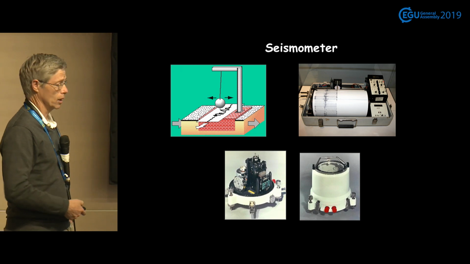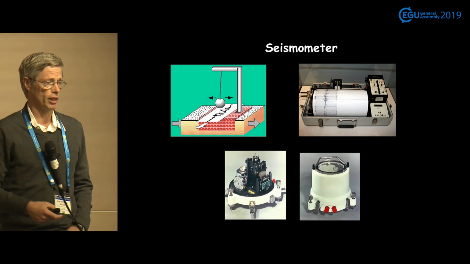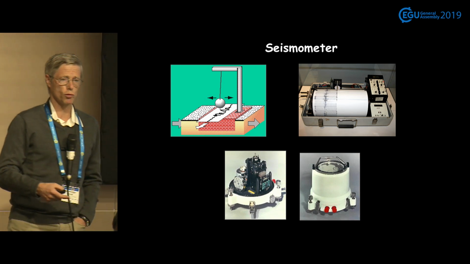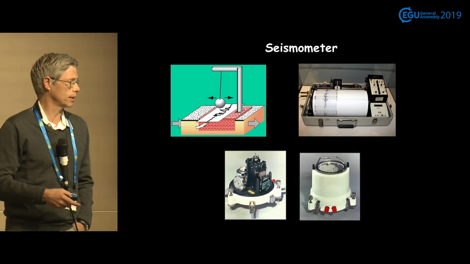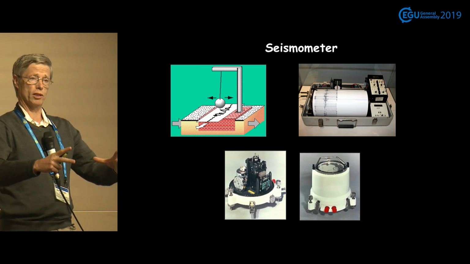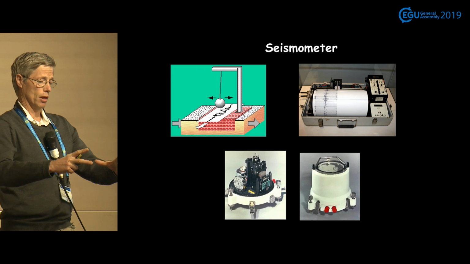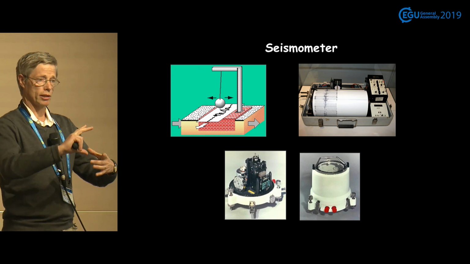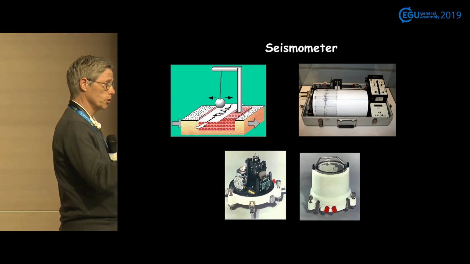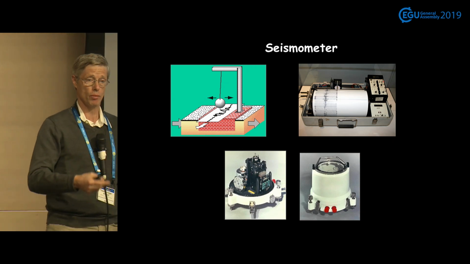So this is an example of an instrument that was developed at my former lab in France, at the Laboratoire de Détection Géophysique at the CEA. This instrument was a very good quality instrument. It was about this size. And now we have instruments that are the size of a Coca-Cola can, in which you include the electronics to actually record the ground motion.